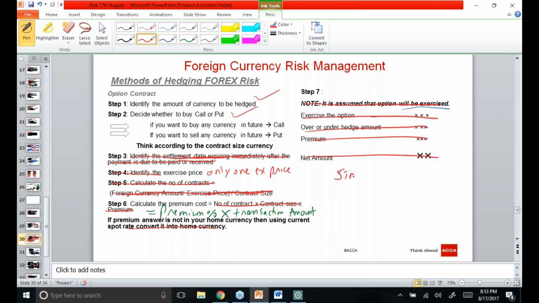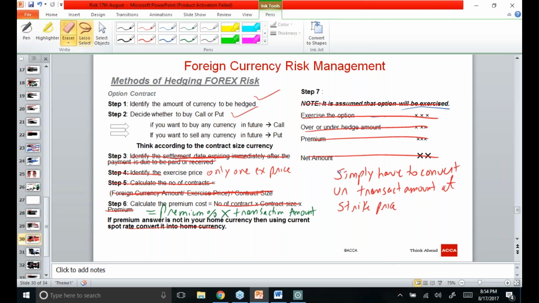You simply have to convert your transaction amount at the strike price, the strike rate.